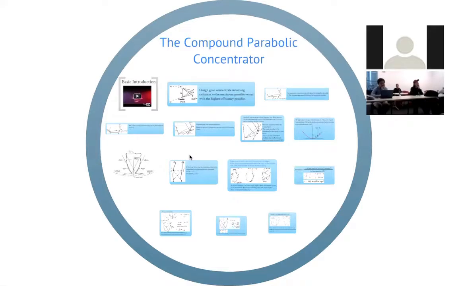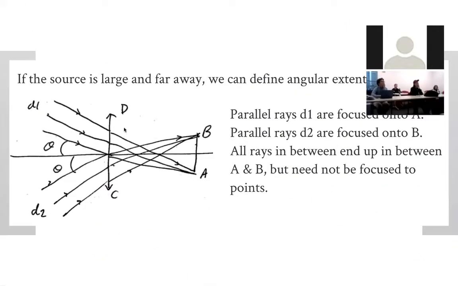Okay, so now let's try to understand the most fundamental form of a non-imaging optic, which is referred to as a compound parabolic concentrator. It's not a lens. In this example, when the sun is far away and this is a lens, this is the image of the sun. Although it's imperfect, it's the image of the sun. Like I said before, you don't need to form the image of the sun in order to collect its energy.